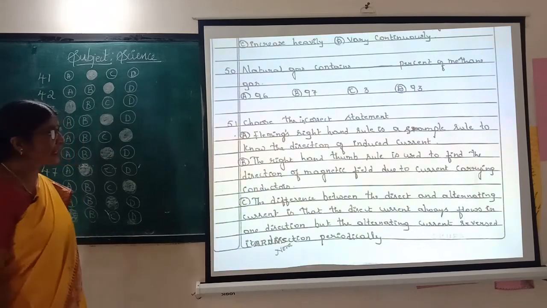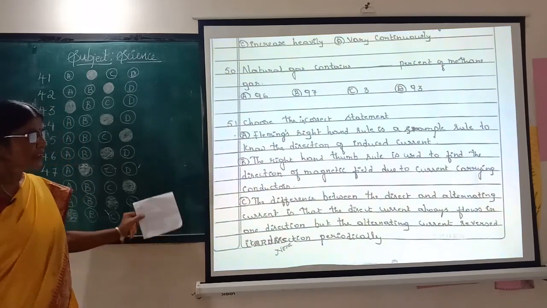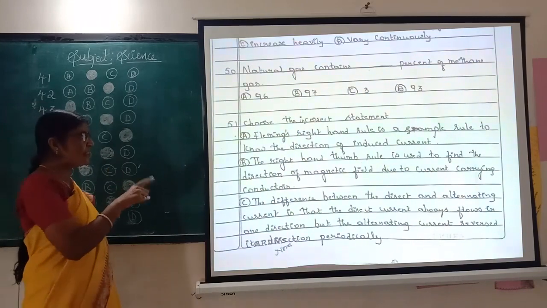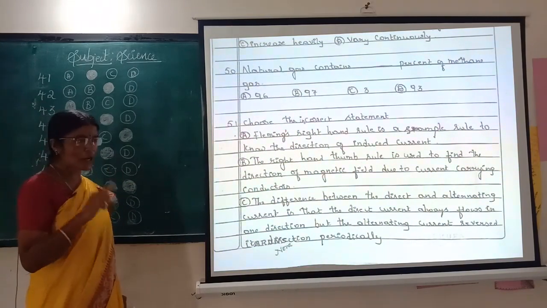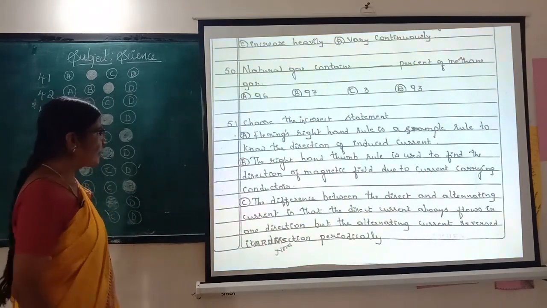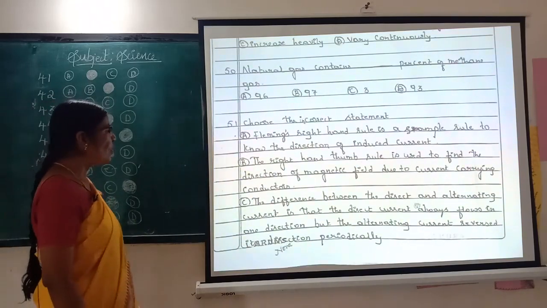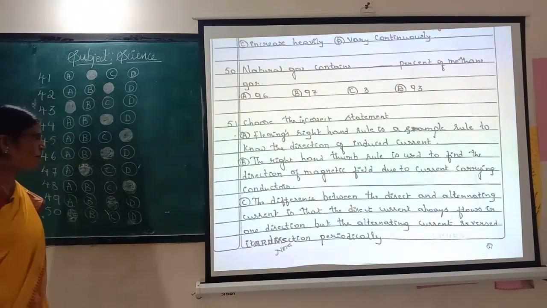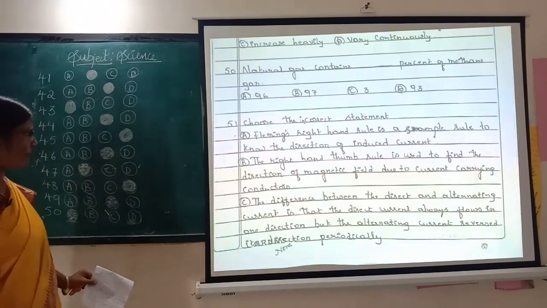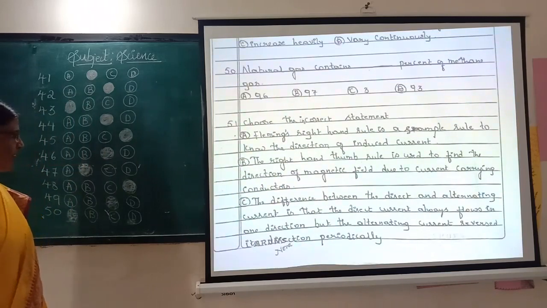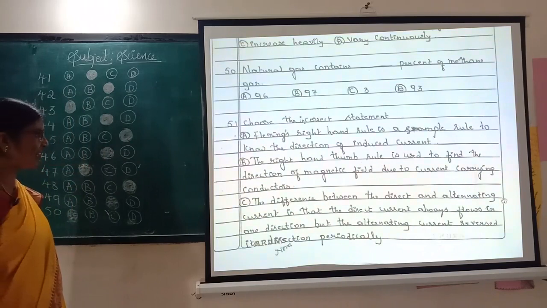Next we'll go for the 51st question, children. Choose the incorrect statement. Means there are correct statements, and one is incorrect in this. You have to shade that. Option A: Fleming's right hand rule is used to know the direction of induced current. Option B: The right hand thumb rule is used to find the direction of magnetic field due to current carrying conductors.